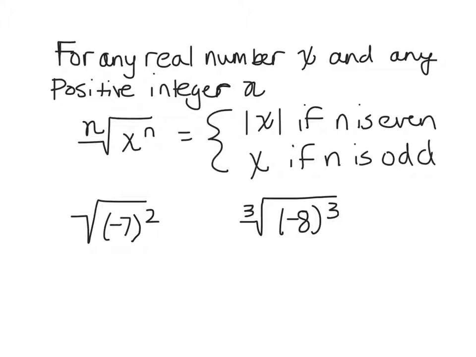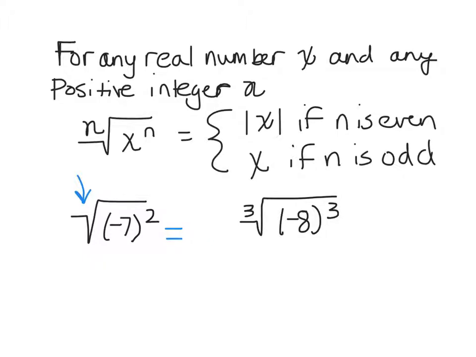Let's actually look at the examples that I have here. If I have the square root, and remember, if we do not have an index here, then we're going to assume that the index is 2. We're going to assume that is a square root. So if I have the square root of -7 squared, you might think that, based on our rule earlier, the answer to that is -7.